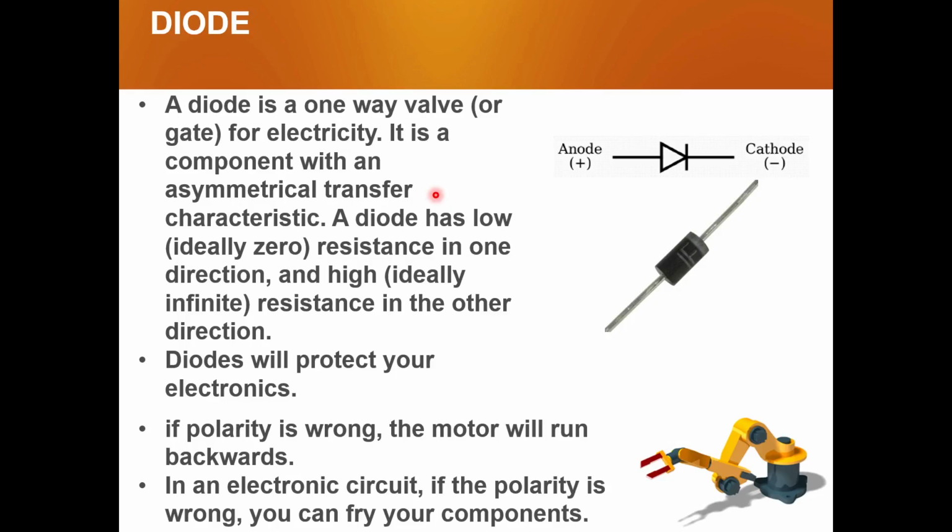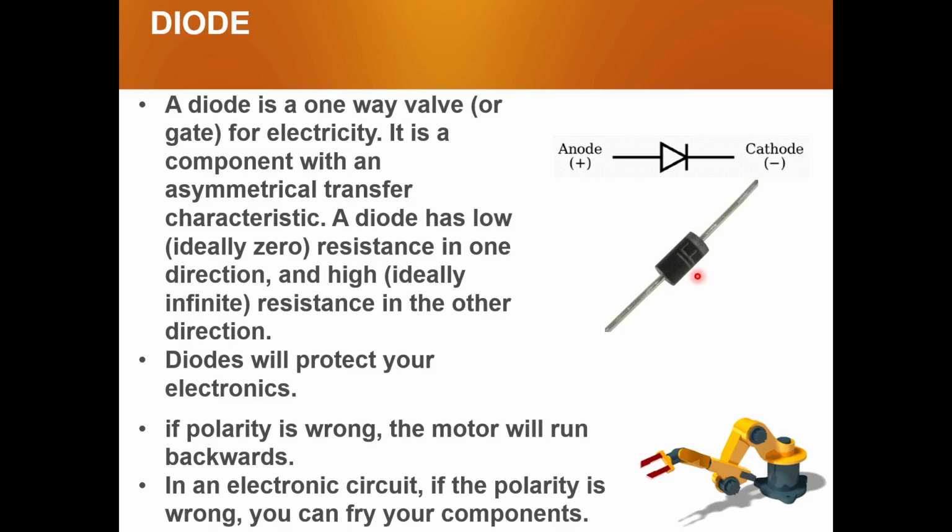A diode has low resistance when you consider it ideally, so it will have zero resistance. Resistance is hindrance or opposition to flow. So this diode will have zero resistance. When we say ideally, that is basically not true.